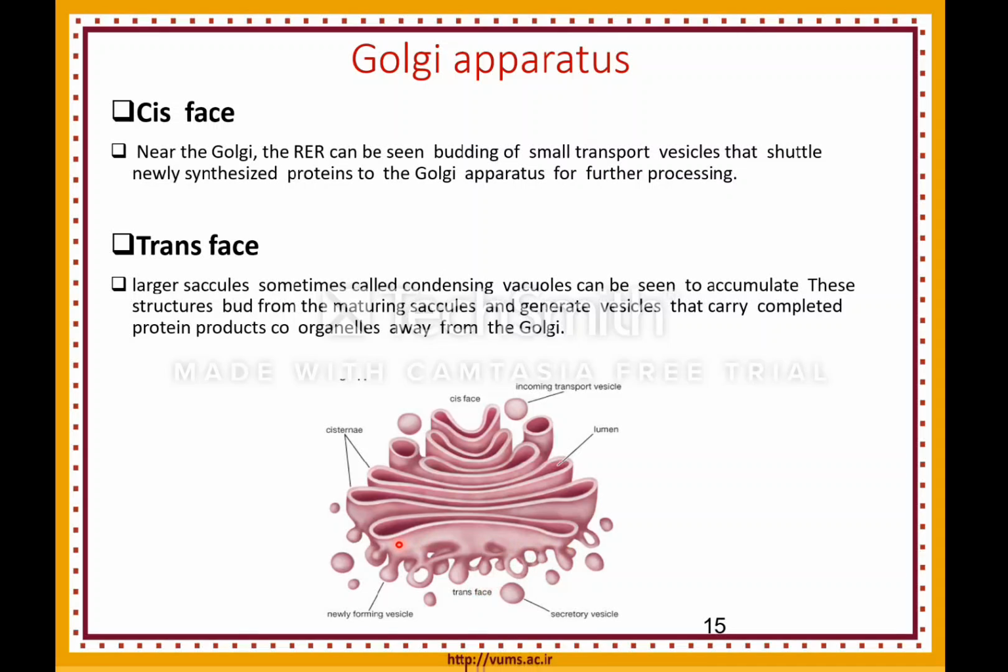The last cisterna is named the trans phase or transfer phase. In this phase, there are mostly large circles named condensing vacuoles, where the materials accumulate and form secretory vesicles.